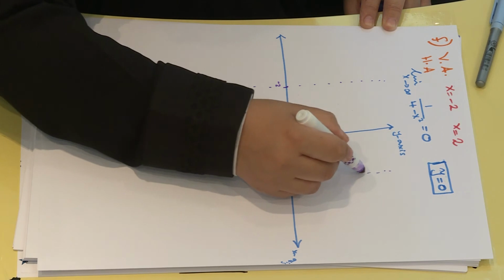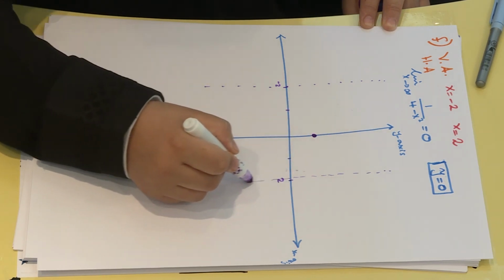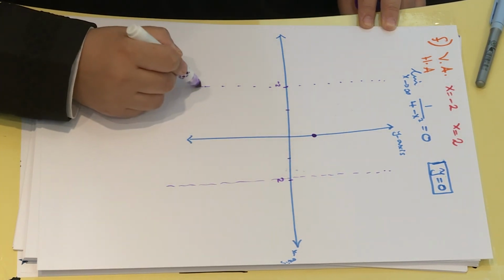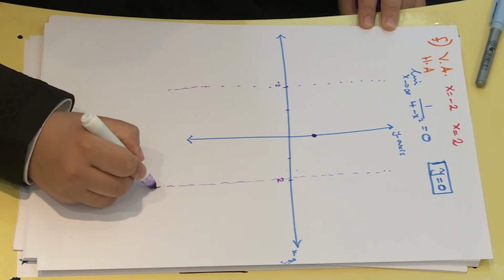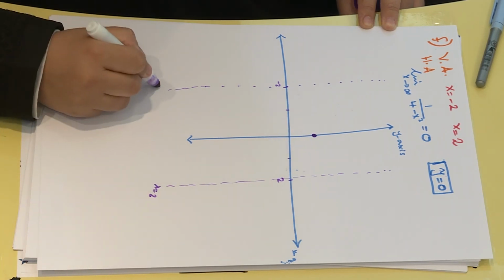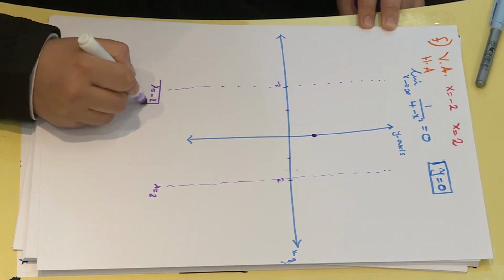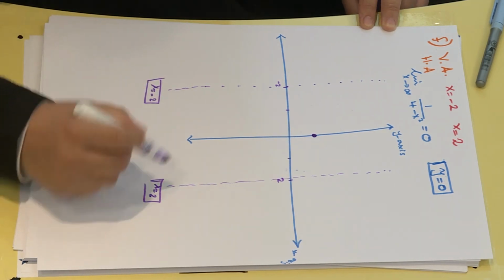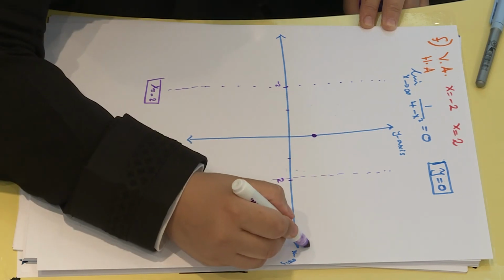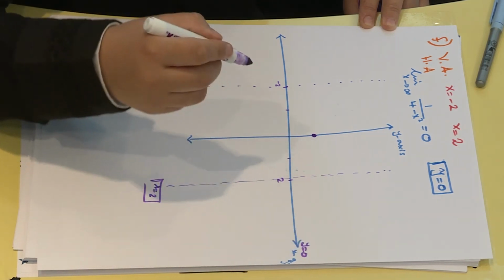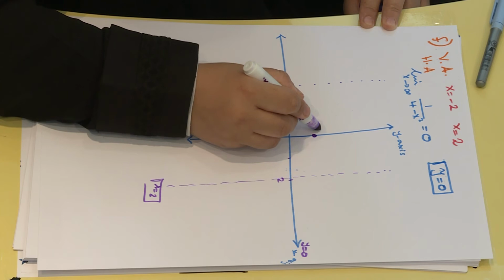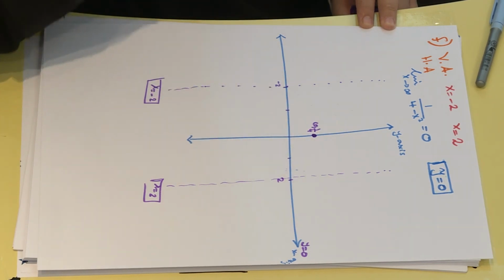We put our other vertical asymptote, x = 2. And of course, we know that there is a horizontal asymptote y = 0. So (0, 1/4) here.